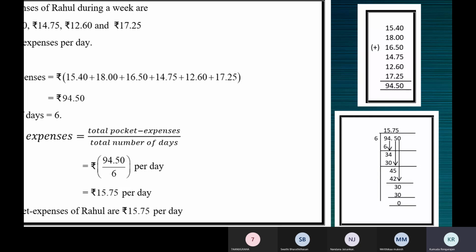Have a look at the addition and division process.